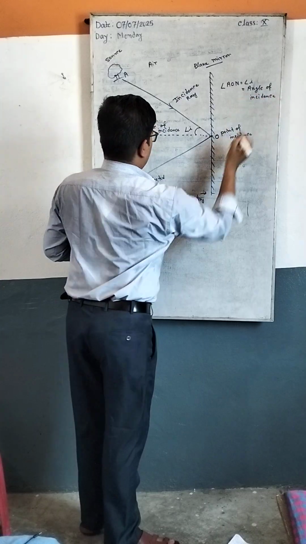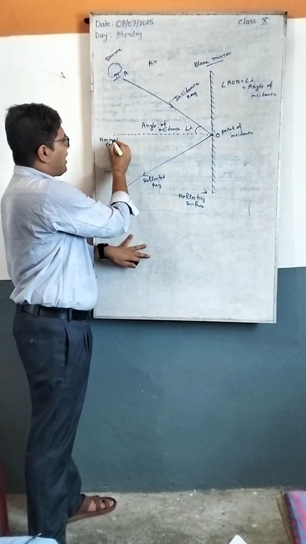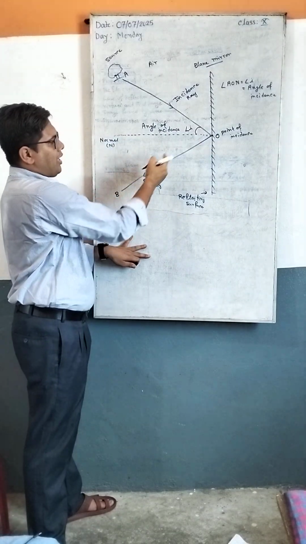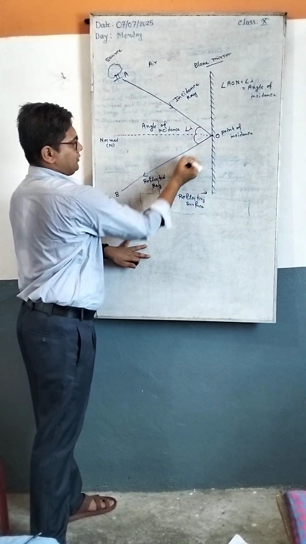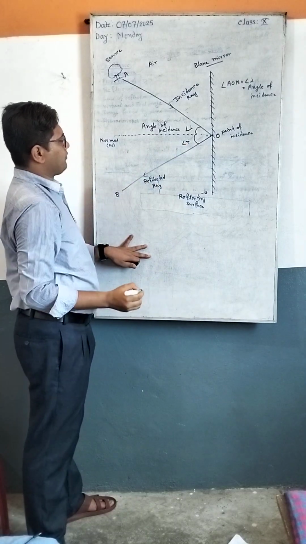Okay. Next, you can see that NOB is another angle created. It is represented as a small r.